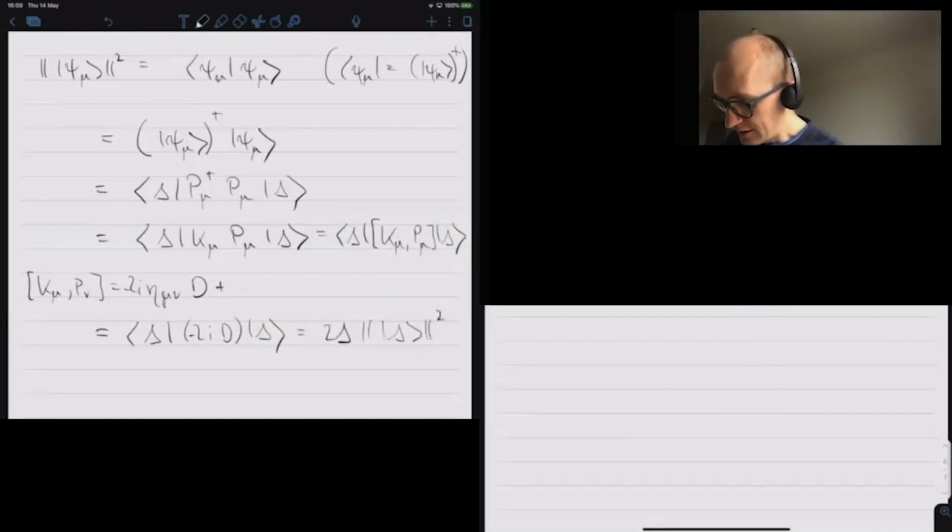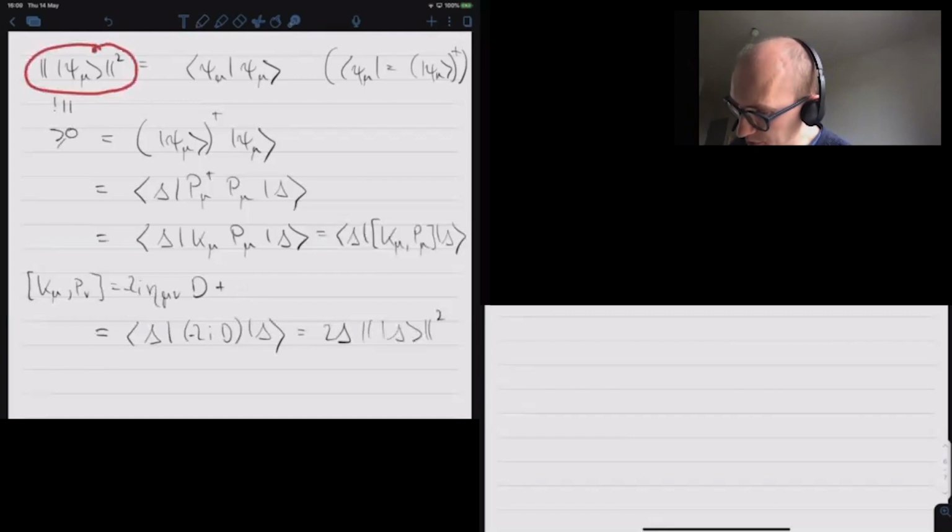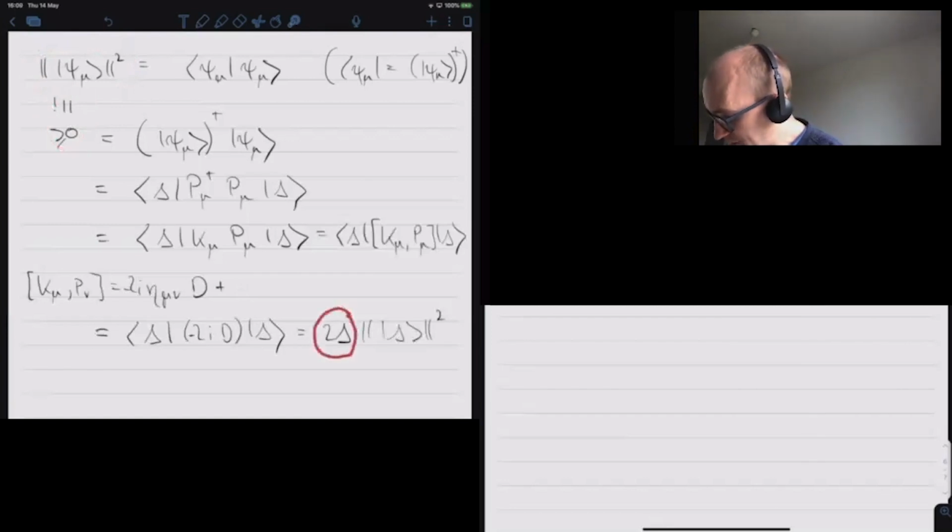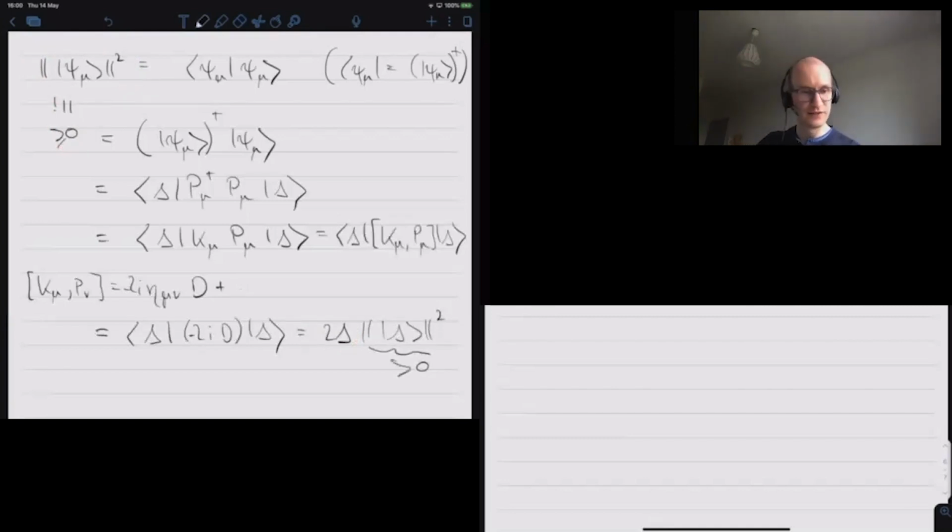Now this norm better be also greater than 0. We started with a norm here that we want to be greater than 0, and now we have reduced it to 2 times delta times something which we already know is greater than 0 because it's another norm. Let's just assume that it is not a null state. I said that before.